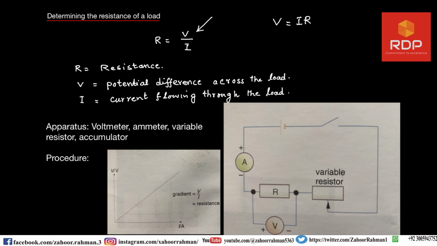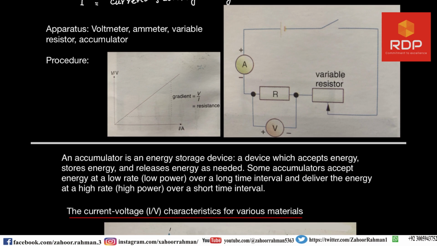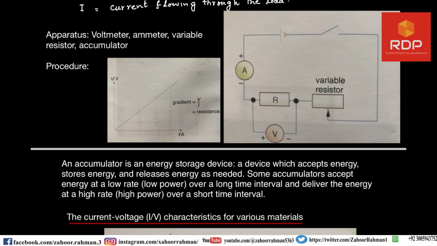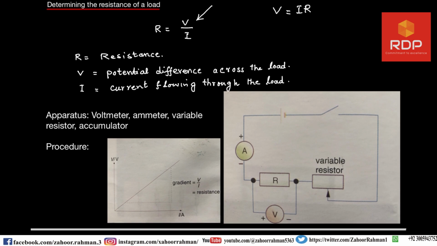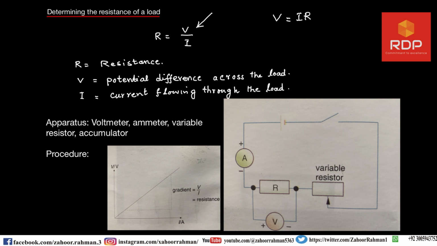Voltmeter, ammeter, variable resistor, accumulator. What is an accumulator? I have written a definition for you. An accumulator is an energy storage device, a device which can accept energy, store energy, and release energy as needed. And in this case you can take it as the capacitor. So we will need an accumulator as well.